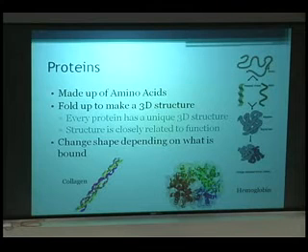And what is bound to the protein depends on the shape. These are two common proteins, collagen and hemoglobin. Collagen is found in muscle cells and in fake lips, and hemoglobin is found in your blood. And you can see they have very different 3-dimensional structures.